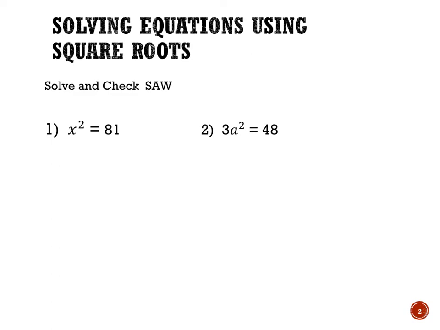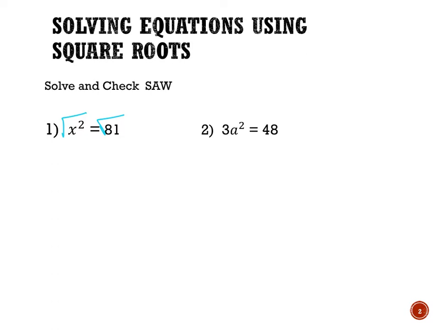Solving equations using square roots. Solve and check. Okay, and show all work is what solve means. So number 1, we have x squared equals 81. My goal is to find out what the x is. To get the x by itself, I need to take the square root because the inverse of squaring a number is taking the square root.